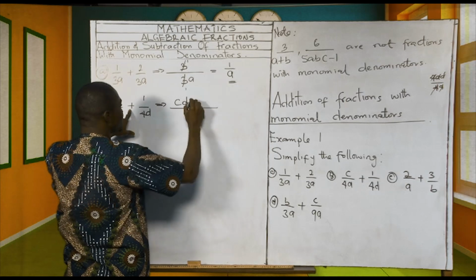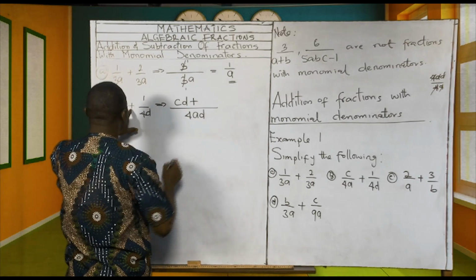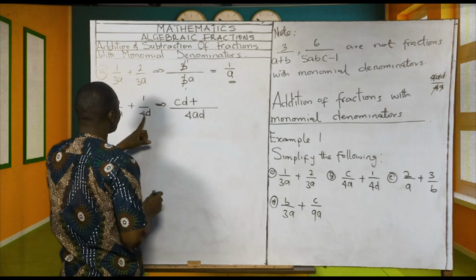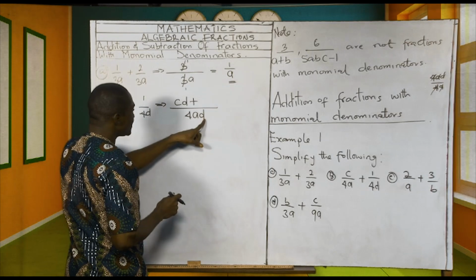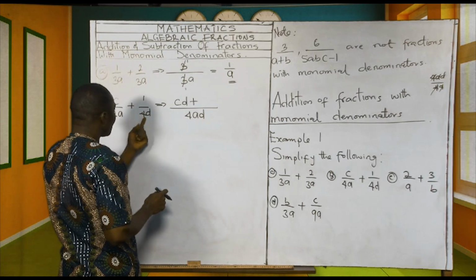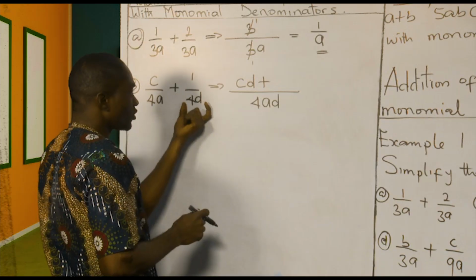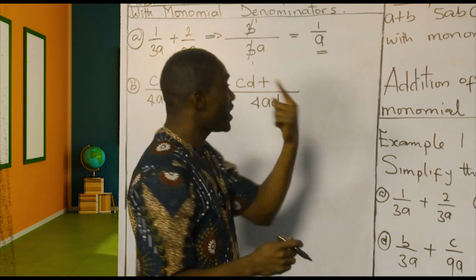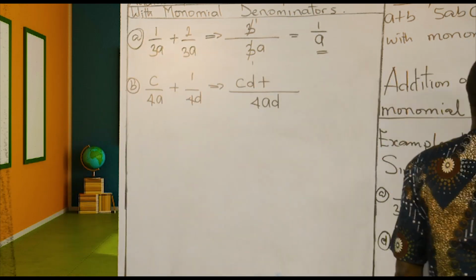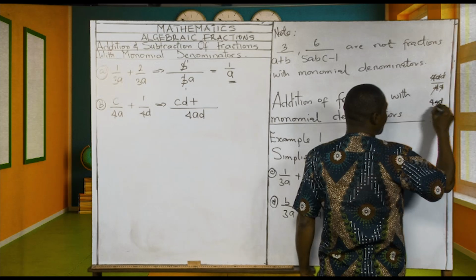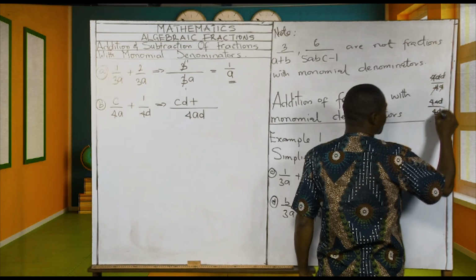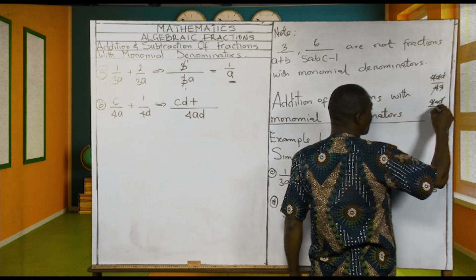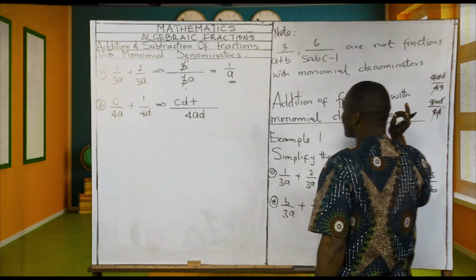Now the arithmetic operation plus, you write it there. Then 4ad, the LCM, divided by 4d, the second denominator, what will it give you? It will give you a. That is 4ad over 4d: we cancel the d, we cancel the 4, we have a.